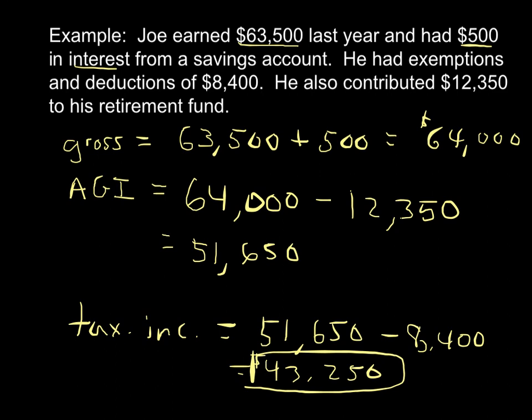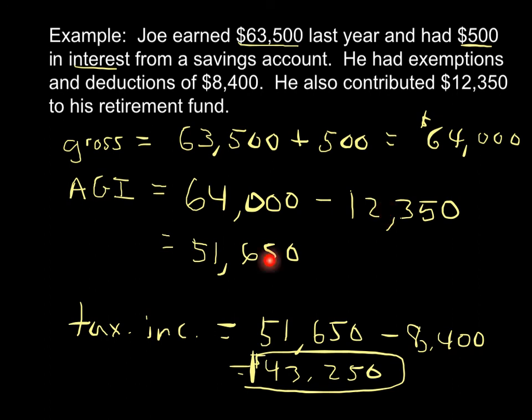So just be careful here too at the end. Make sure that you pay attention to the overall process, that you don't just try to randomly add and subtract numbers, that you understand that interest is part of your gross income, and that retirement funds are pre-tax dollars, so you get to take that off first before you have any taxes.